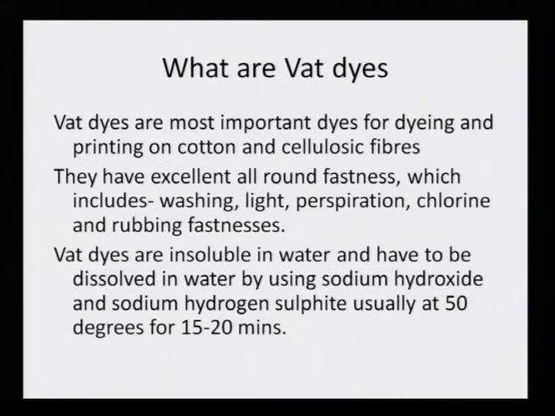Vat dyes are insoluble in water and have to be dissolved in water by using sodium hydroxide and sodium hydrogen sulphide, usually at 50 degrees for 15 to 20 minutes. So, there is a small procedural process by which this insoluble dye can be solubilized.